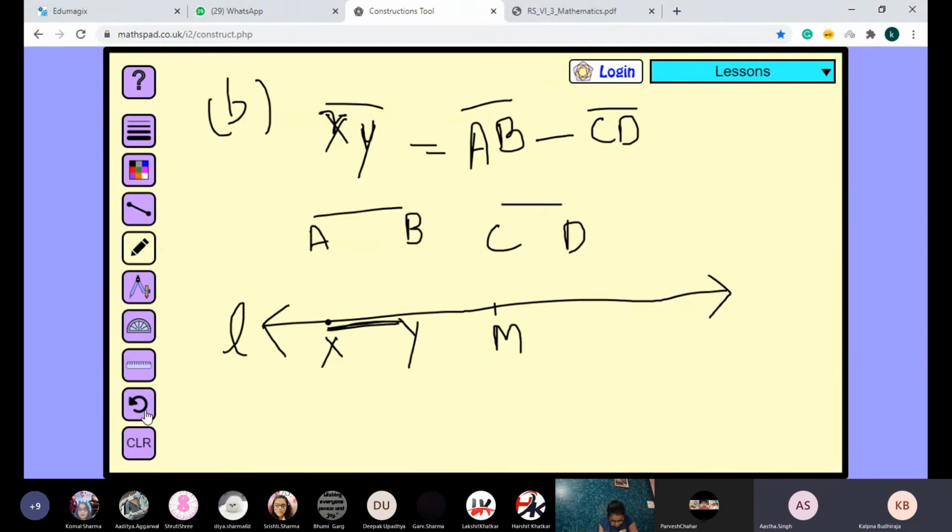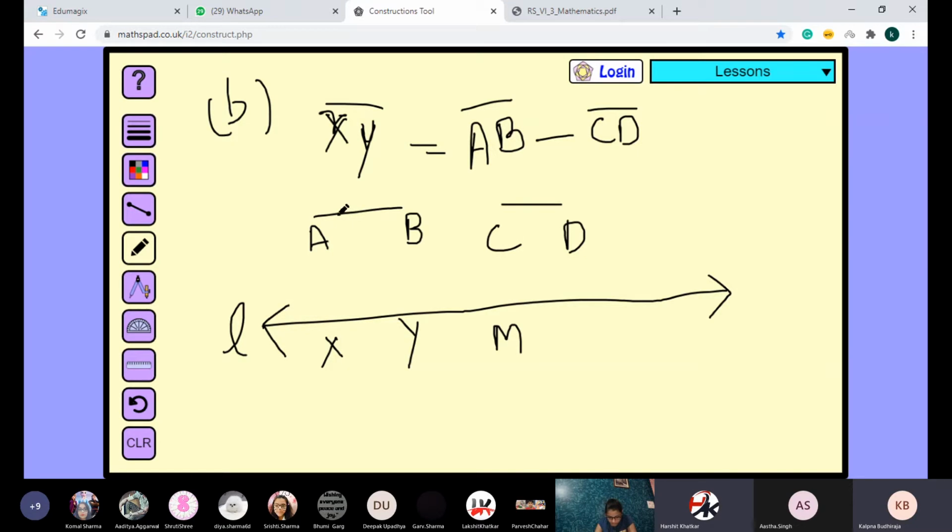Okay, I am explaining this again. Harshit, what was your doubt? Ma'am, are AB and CD of which centimeters? Beta, read in the question. It is given 7.5 and 4.6.